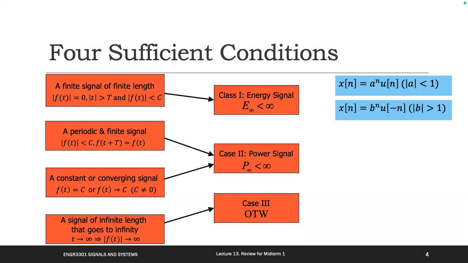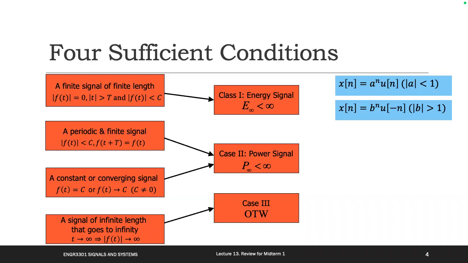Which means you need to draw the figure like this: your n should be smaller than 0. Does that make sense? And then let's talk about the b to the power n. Here, the absolute value of b is greater than 1.